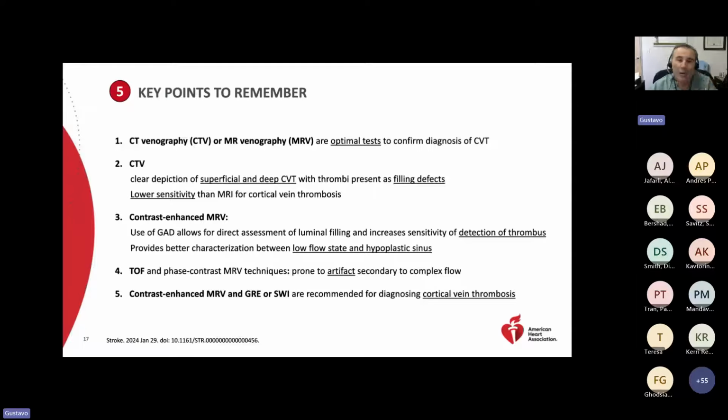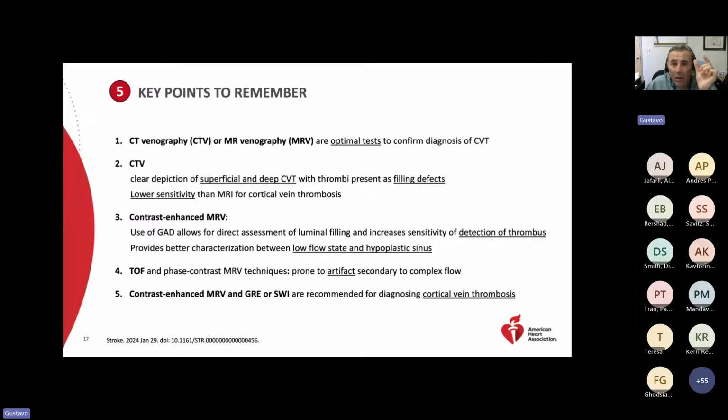Remember, this is very important, people. There are a lot of anatomic variants. Some radiologists report a hypoplastic sinus or narrowing of a sinus. But the important difference here is not an atretic or hypoplastic sinus, it is occlusive versus non-occlusive.